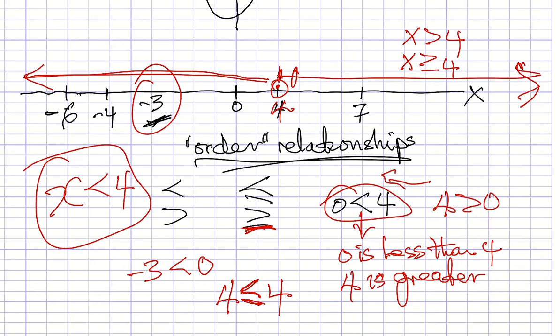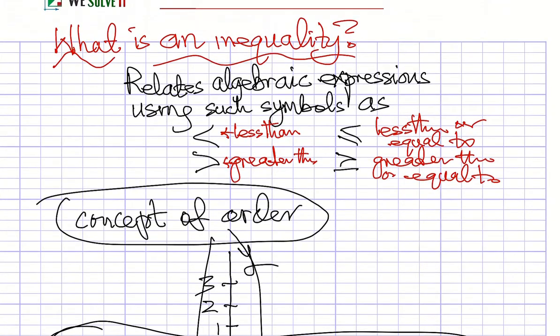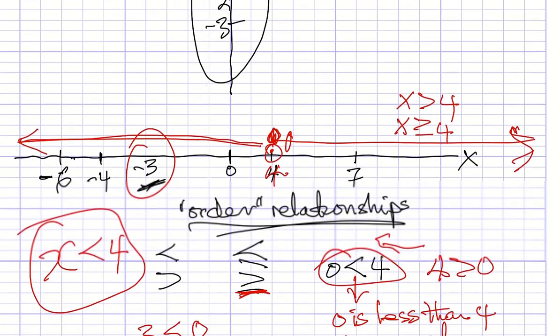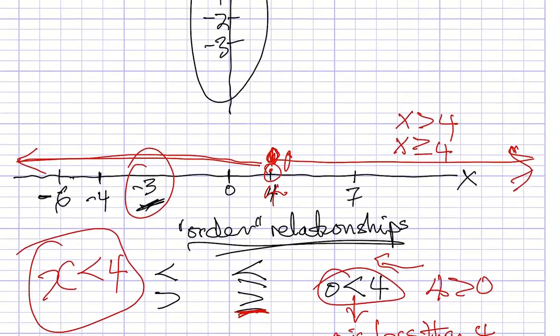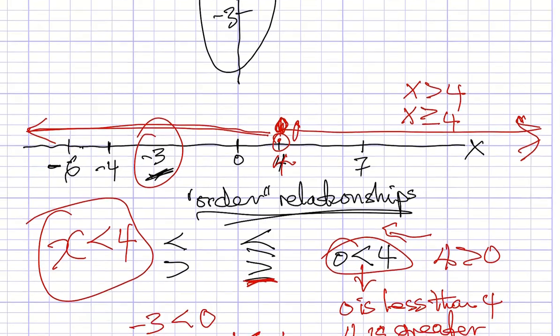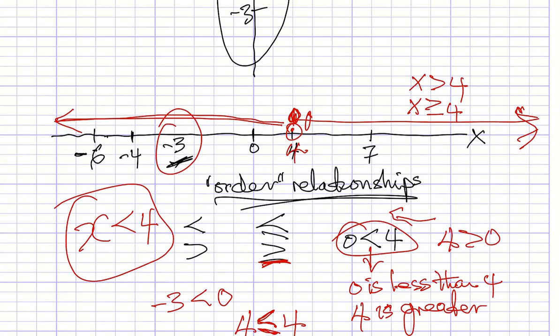That means 4 is included. x could be 4, or x is greater. That's why they say the word or. You remember when we described that, we say or. So x is greater than or equal to 4 means x is 4 and it can be greater. That's all that is saying, man. Don't get caught up in the language.